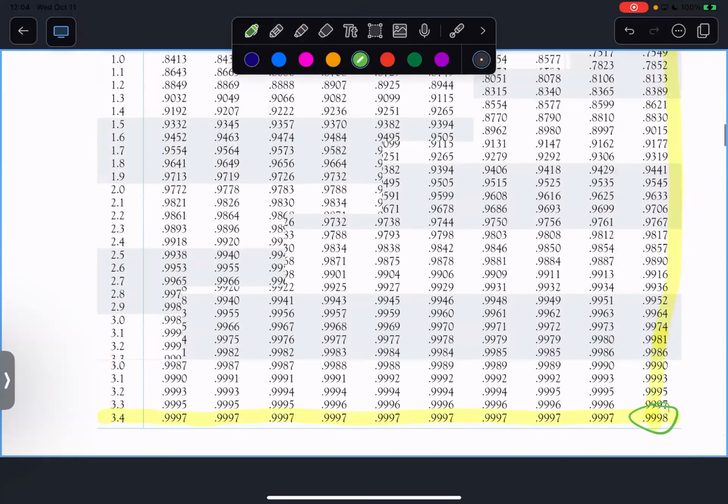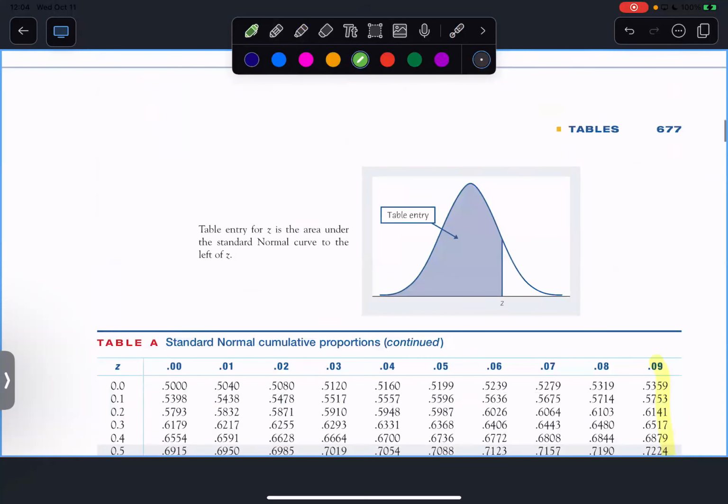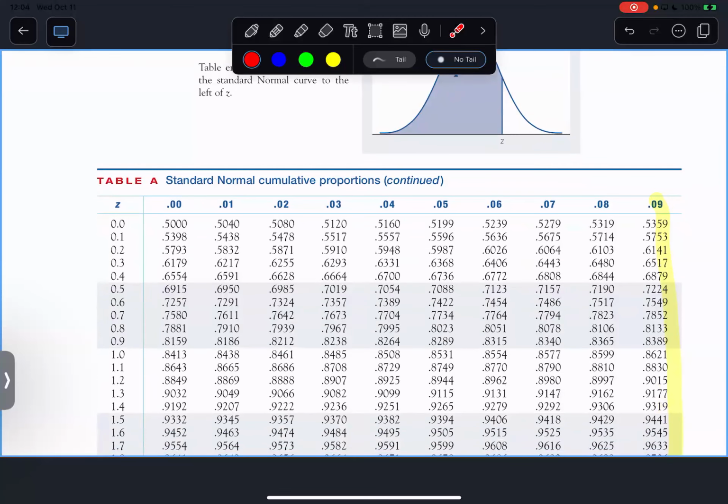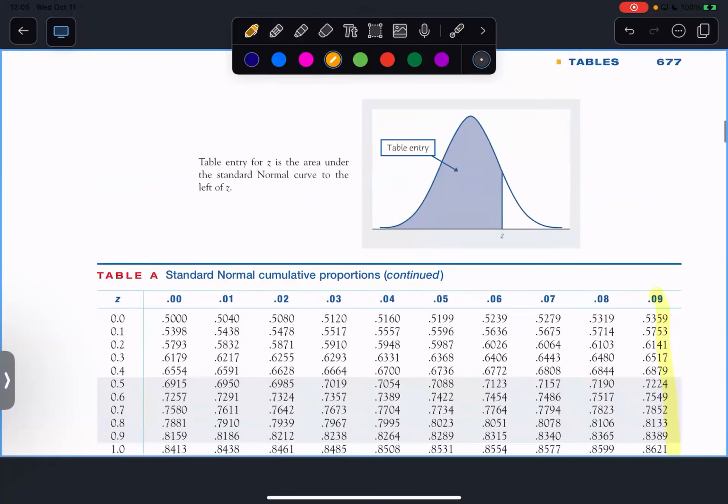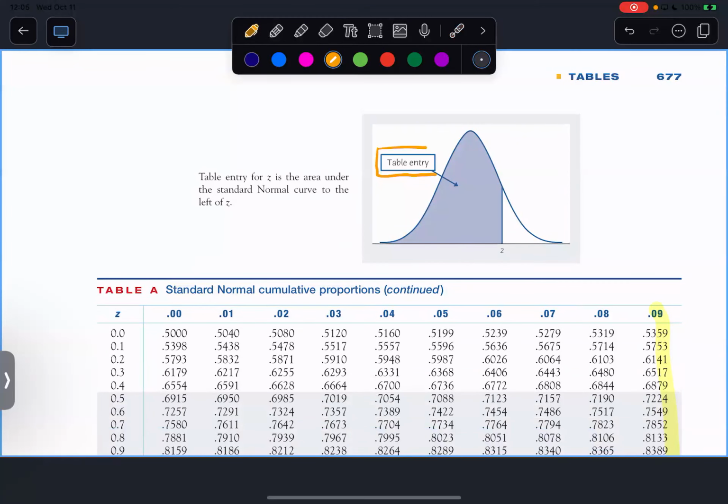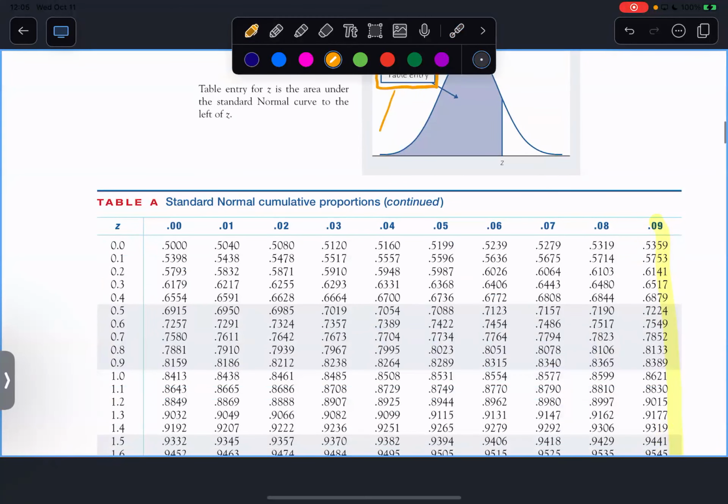So I like this table of all the tables because it has this kind of handy guide telling you that, hey, the table entry, when it says table entry, it's referring to these values. Those are the table entries.